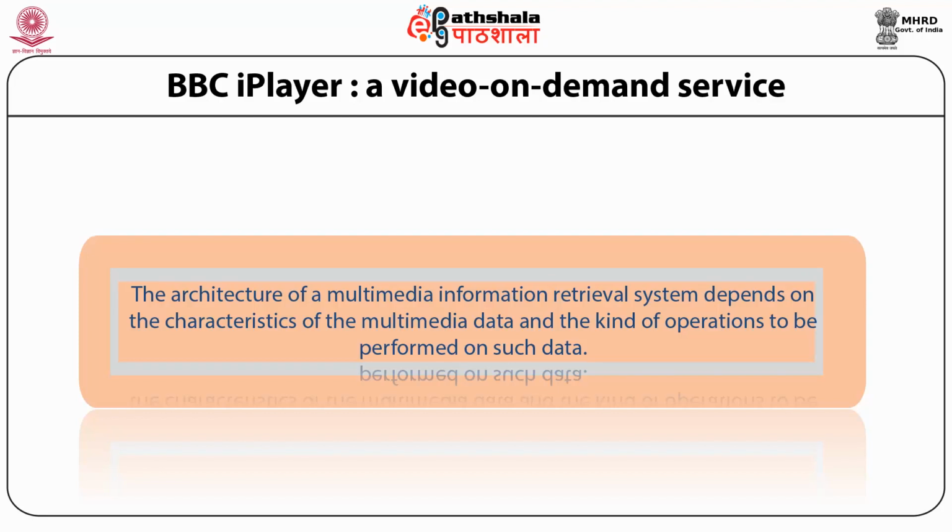If you are choosing an image, then you have to develop the system on the basis of the characteristics of the image, like color, size, texture, etc. But if you are developing a multimedia information system for audio, then you have to consider other factors such as pitch, tempo, and so on. So it highly depends on the characteristics of the multimedia data.